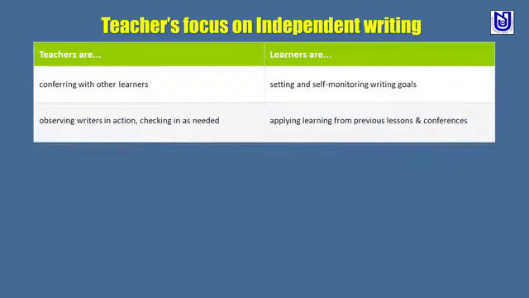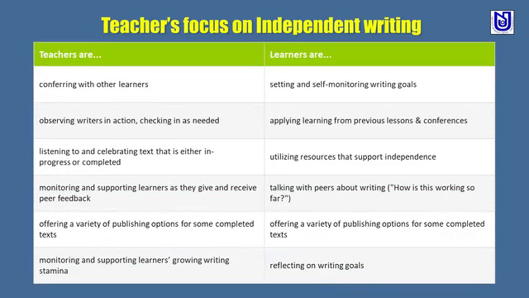As far as the teachers' point of view, what the learner should do and what the teacher should do, there is a list of it, and the Surrey School in Canada has presented this format, and they have designed an excellent independent writing platform also. Some of what they present: teachers are conferring with learners. In independent writing, teachers observe writers in action and check in as needed, then and there.